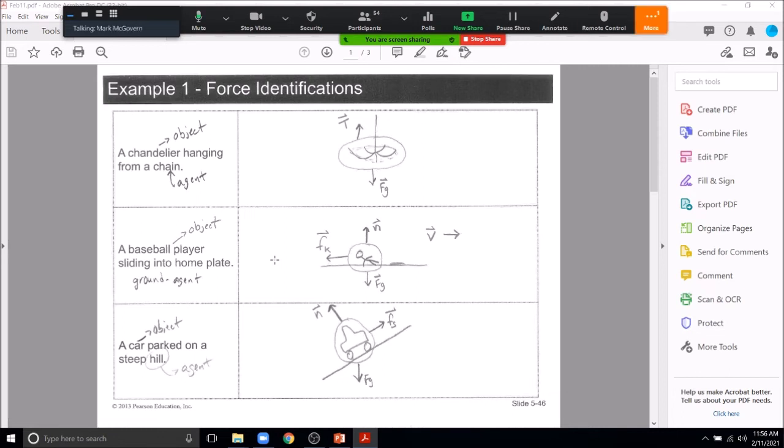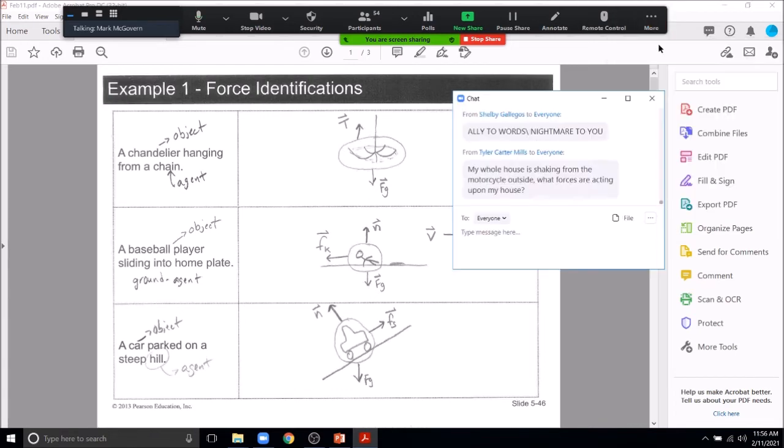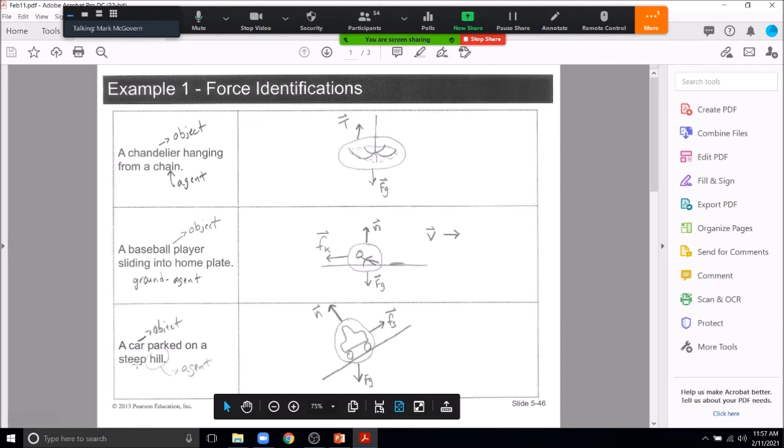It can exert more than one force, but it cannot be in the same direction as another force. So in this situation here, we have a force exerted upward and a force exerted to the left. That's fine. That's cool.